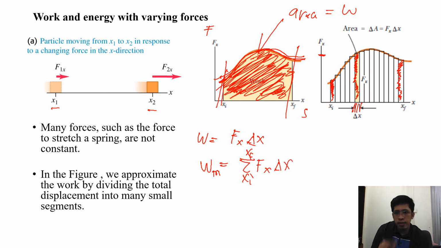But if you observe, we have these areas here. Let me choose a different color. You actually have some areas here that are not included, and you have some areas here that are overestimated. So what you do is you make delta x very small.